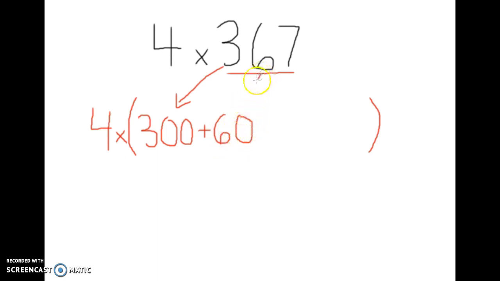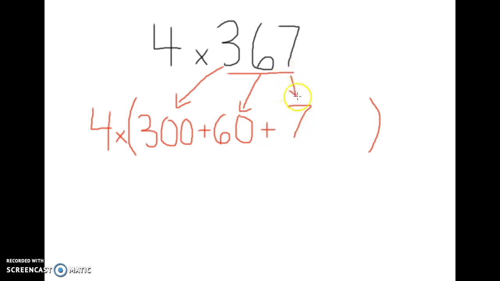So that 6 became the number 60 right here. And then 7 is in our ones place here, which just means that there are 7 ones. So we don't really have to do anything special or fancy to that. We can just bring the number 7 down for 7 ones.